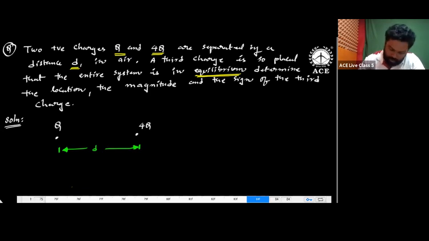The third charge should be somewhere here, so that the force from here and the force from here meet and the cancellation happens. The third charge should be towards the Q.